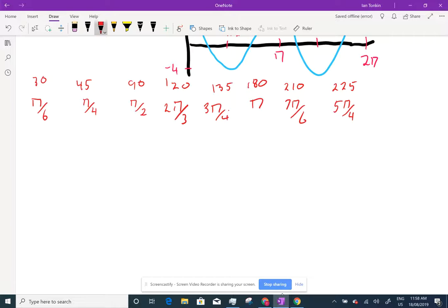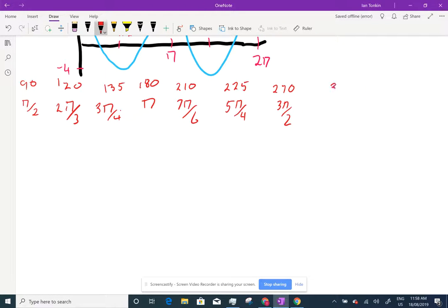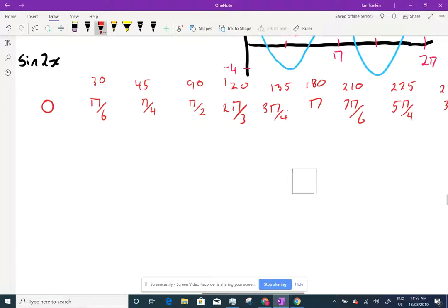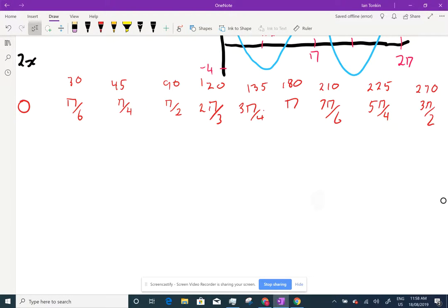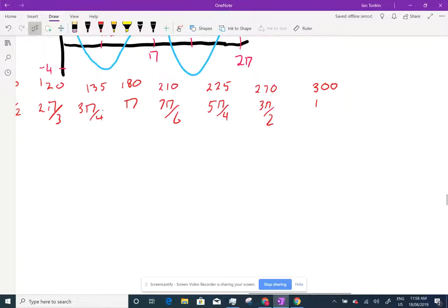And then we'll go 270, 3 pi on 2. And then we'll go 300. 300 is 10 30s, so 10 pi on 6, which is the same as 5 pi on 3.